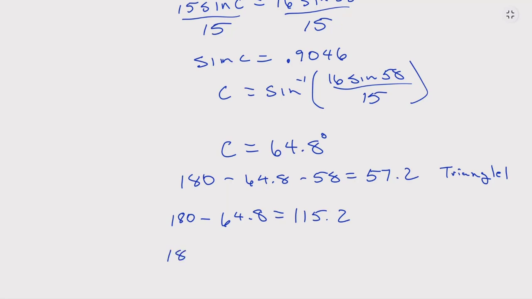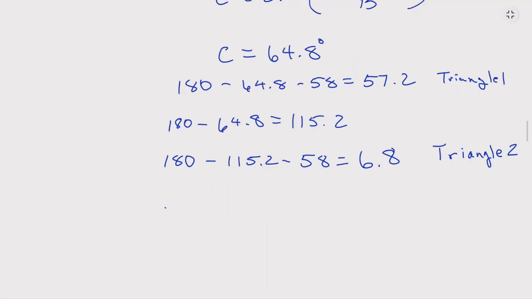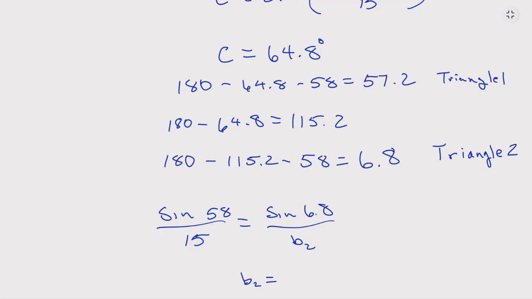And we could do 180 minus 115.2 minus 58, and that gives us enough for another angle, 6.8. So a second triangle could be formed using the same dimensions. So we could do sine of 58 over 15 equals sine of 6.8 over b sub 2, and that gives us a b sub 2 of 2.09.